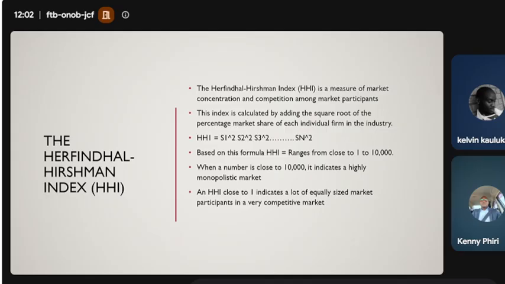Okay, so what is coming out of the index is very, very useful information. Now, in practice, the challenge you're going to face is how do you actually understand the market share of each firm?